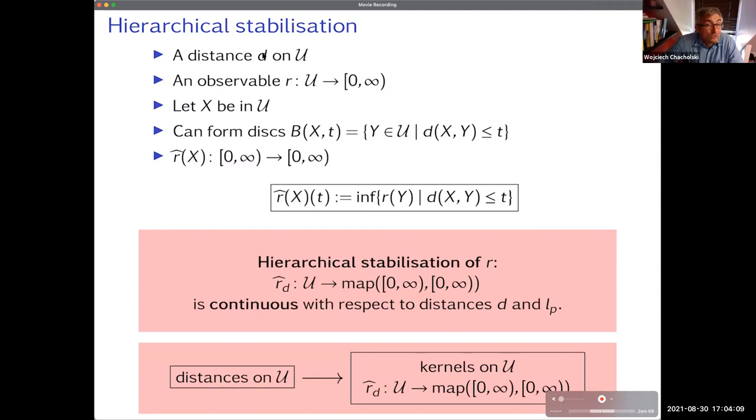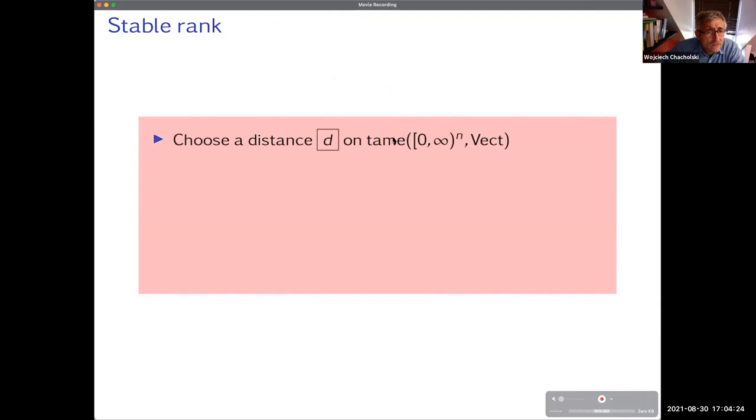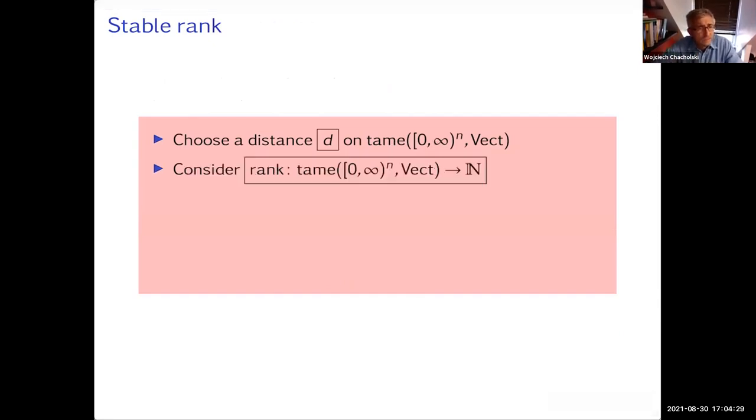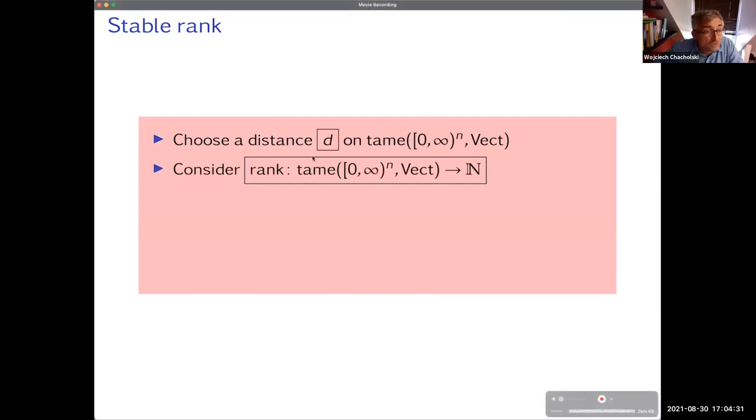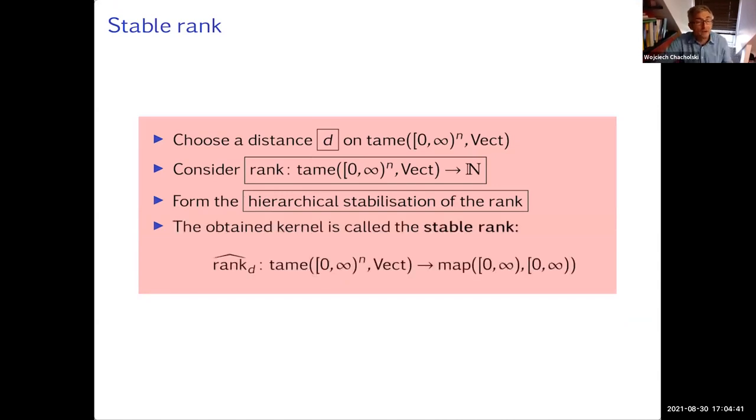So this is the way I propose to use distances in order to study these representing objects. We extract something simple that we can compare and do analysis on. So, for example, if we choose a distance on these parametrized vector spaces that TDA people like a lot, we can consider the simple observable, the rank, the minimal number of generators, and we can form the hierarchical stabilization of that invariant, and the obtained kernel is called the stable rank.